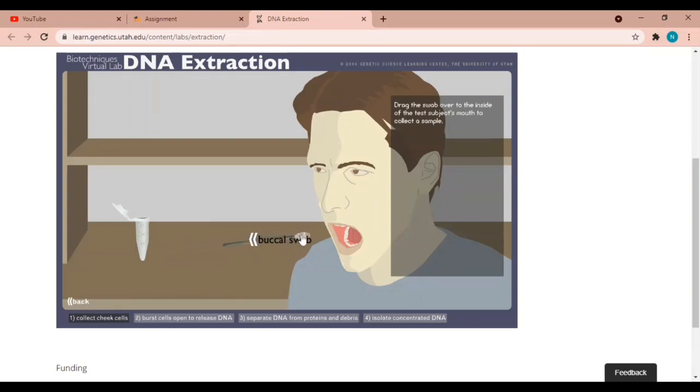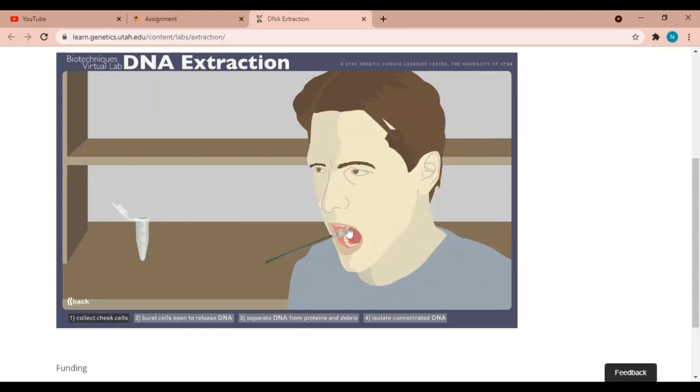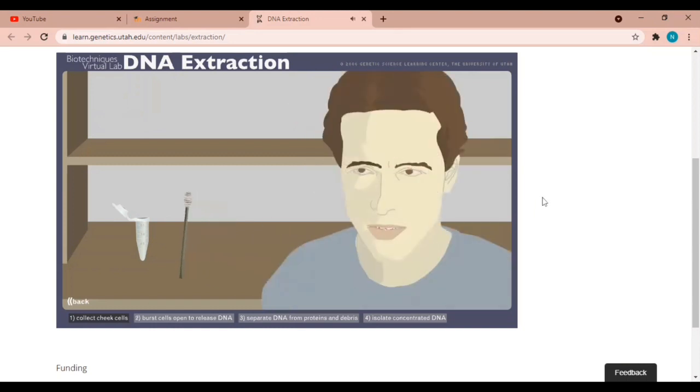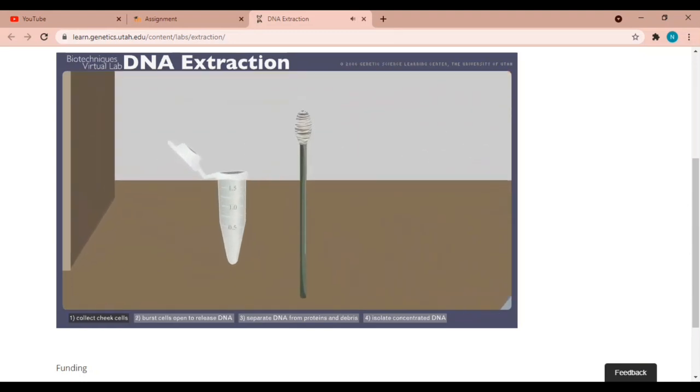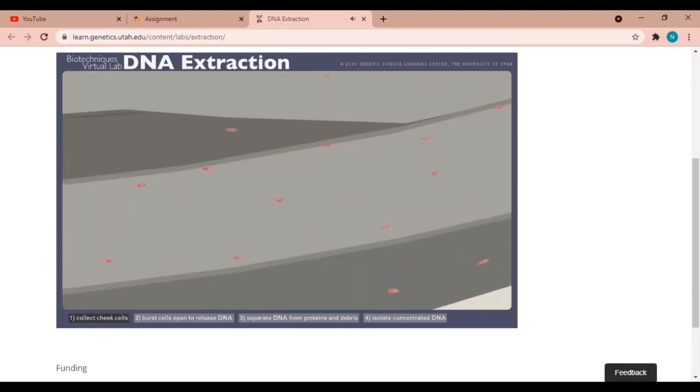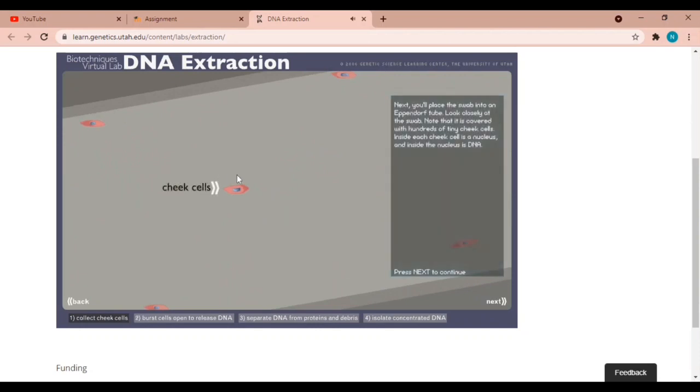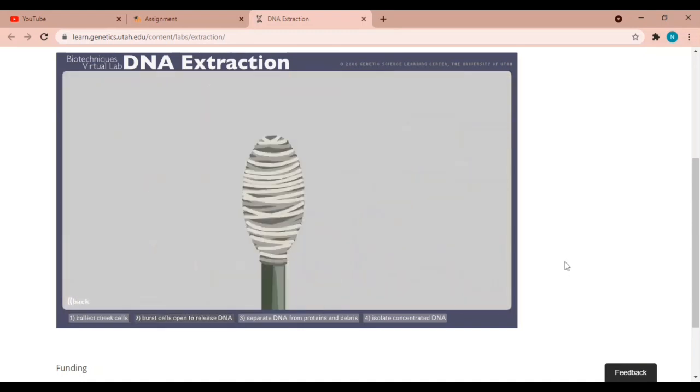So these are the cheek cells. Next, I will place the swab into an Eppendorf tube. Look closely at the swab. Note that it is covered with hundreds of tiny cheek cells. Inside cheek cells is a nucleus, and inside the nucleus is DNA. So press next.